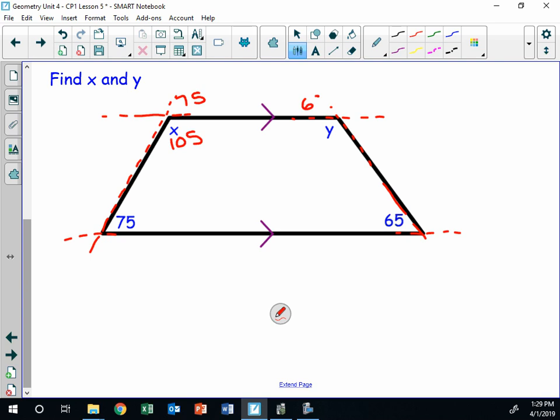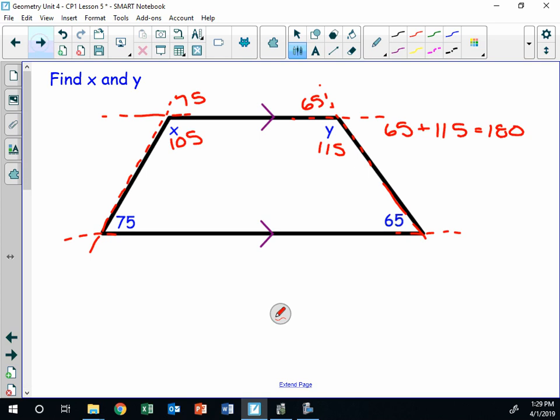The 65 can be copied into the corresponding upper angle. And then we've got our linear pair, which would help us solve for y, using the idea that the two angles 65 plus 115 is equal to 180. Same thing here on the other side.